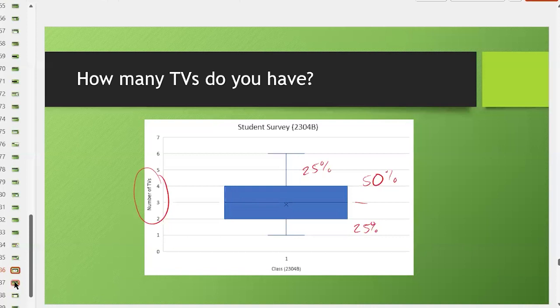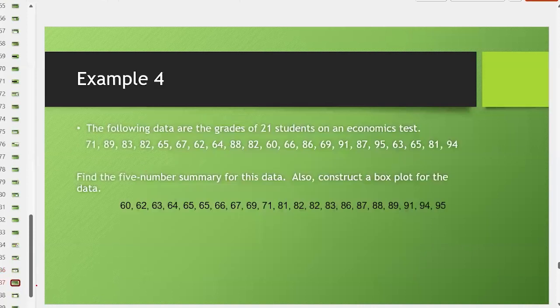And so here, if we want to find the 5-number summary for these 21 students, we first need to find the median and the first and third quartile. The median would be the number in the middle, so the 11th number: 1, 2, 3, 4, 5, 6, 7, 8, 9, 10, 11. Here's the median. Now we're going to take the first half of the data and find the median there.